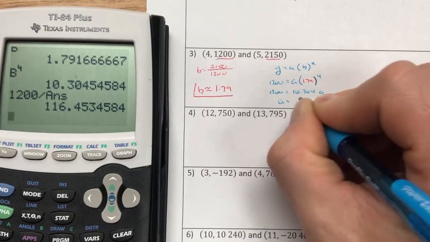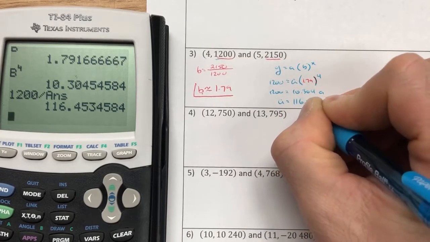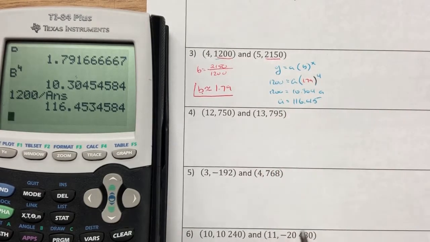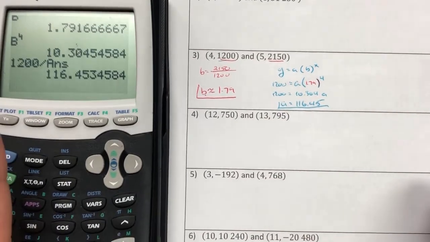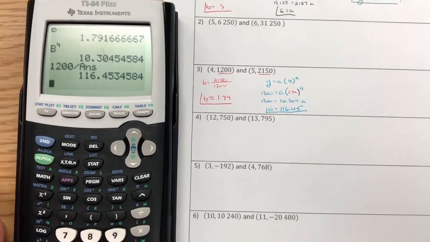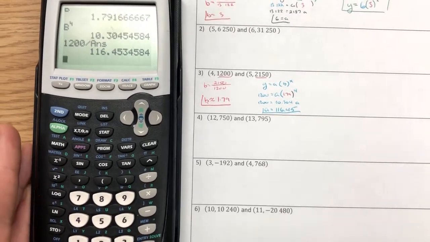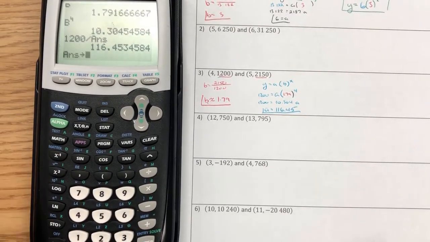Now, the reason why we did this: before we continue any further, my a value, I'm going to store this again within my calculator. So if I know what b is, I'm going to store this as alpha a, so that I can use it later on.